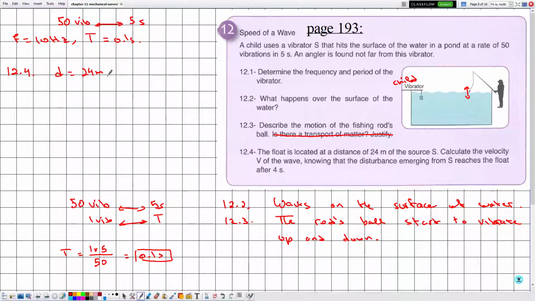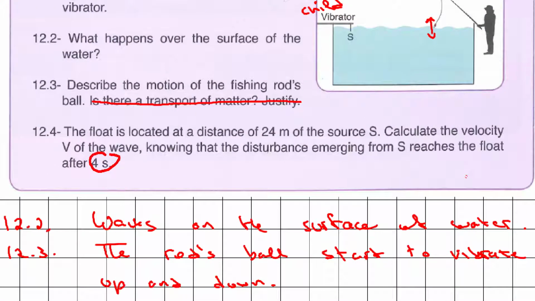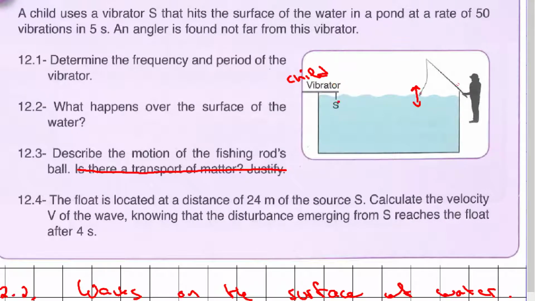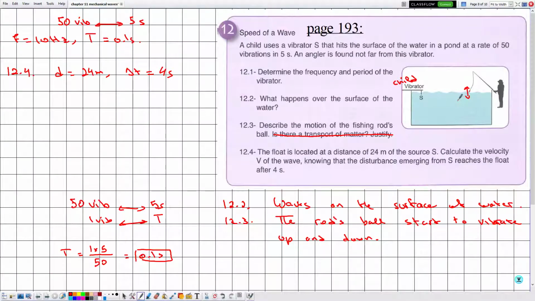Because we only have one time, this is not an instant, this is a duration, delta t, separating both events: the emergence of the wave from this point S and its arrival at the rod's ball. Whenever we have the distance and the duration, the speed can be calculated. v is equal to d divided by delta t, which is 24 divided by 4. This is equal to 6. Then this wave, each second, covers 6 meters. So 6 meters per second, because everything is in the SI. So this is the speed of the wave. And as we have stressed previously, no need to write m here. Okay.